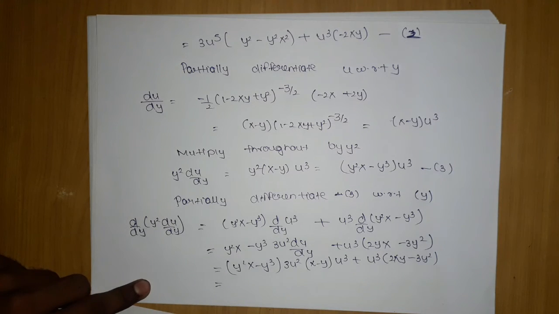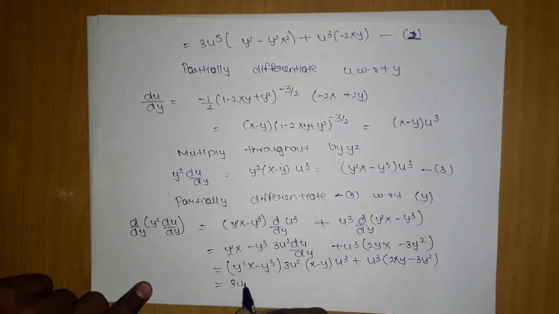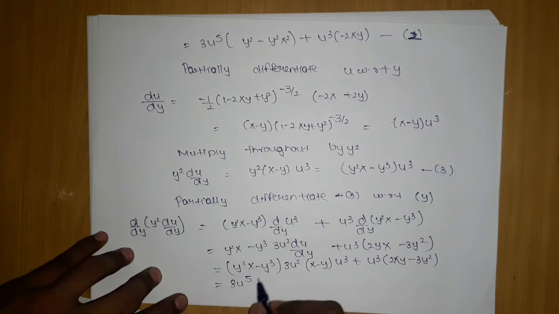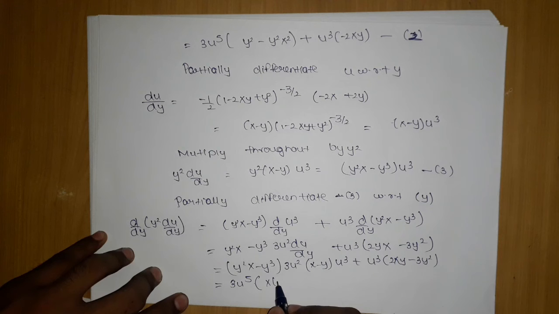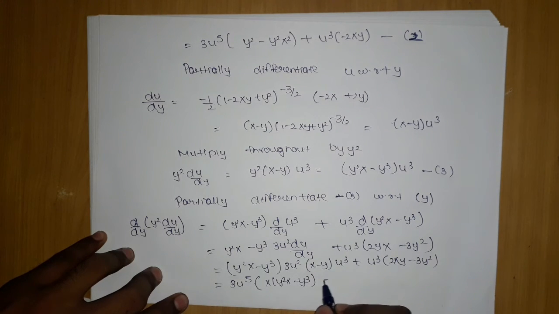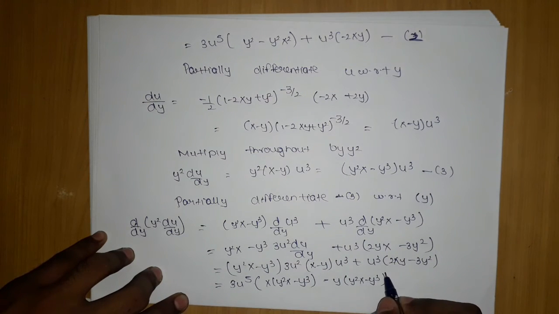You can clearly see we are going to multiply each and every term: 3u power 5 will be x into (y square x minus y cube) minus y into (y square x minus y cube), plus u cube (2xy minus 3y square).